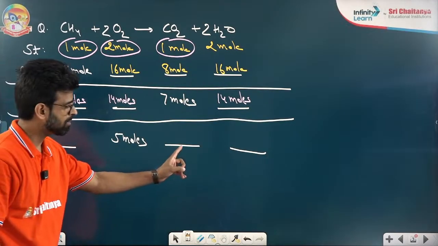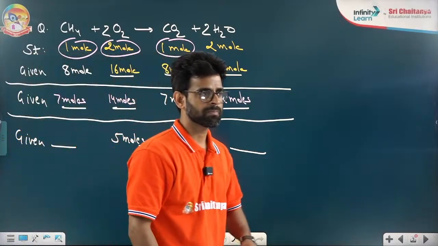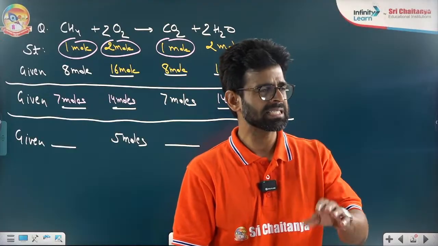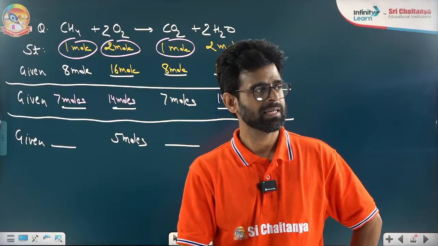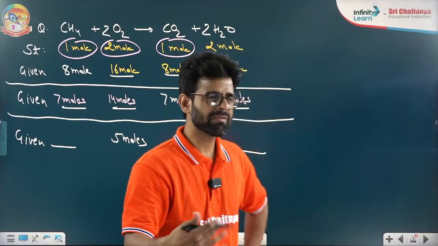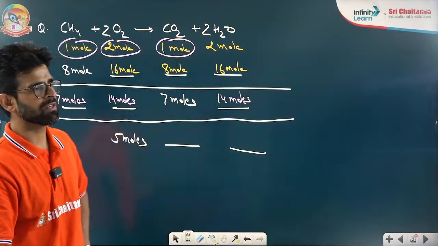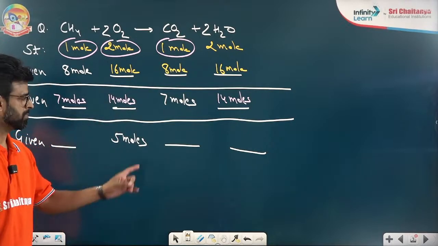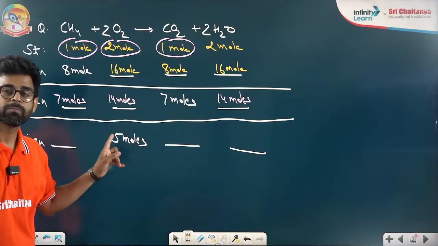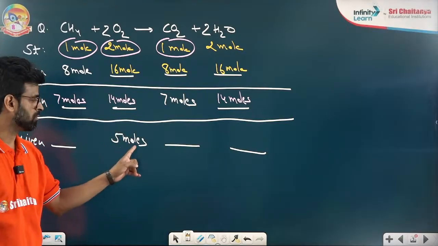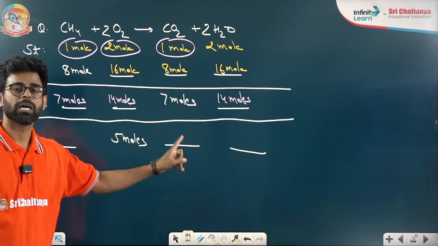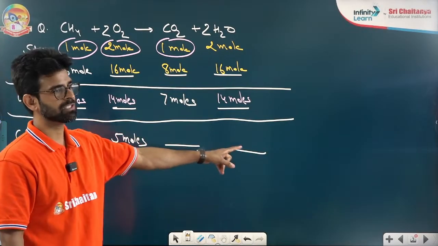It will produce how much CO2 and how much H2O? First, just for practice, I am giving you small questions. Then weight will come, volume will come. So many types of question will come step by step. Okay. So please answer me fast. Fine.